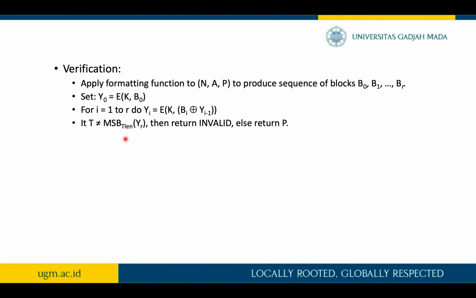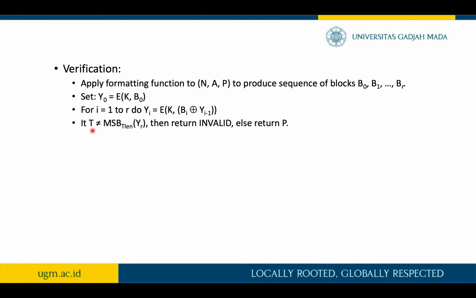This is the message authentication code generated by the receiver using this algorithm, so at the rth iteration, we will get YR.